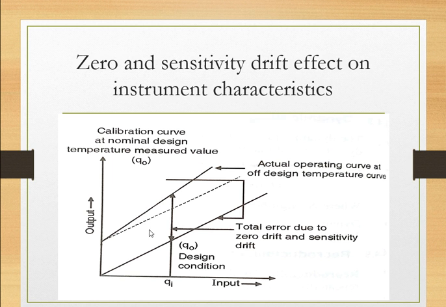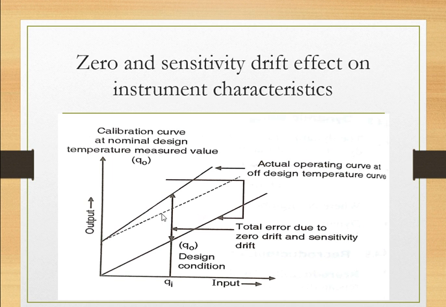And this is the actual operating curve at off-design temperature. So we can say this is our desired curve, in short, the desired curve of strain gauge output versus input, and this is the actual operating curve at off-design temperature.